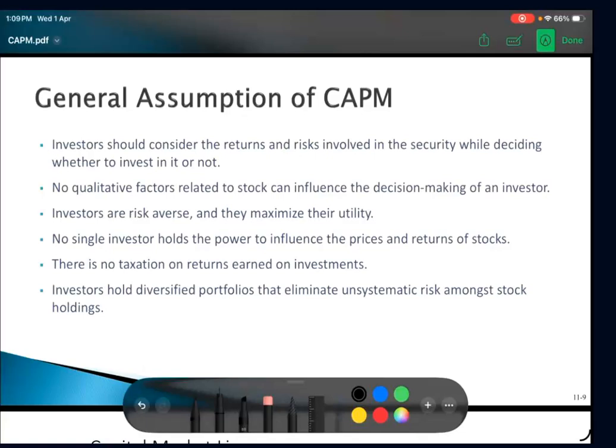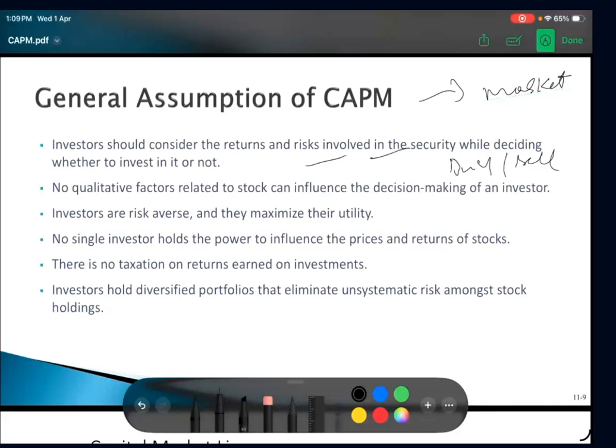There are certain important disclaimers you need to understand before considering this as one of your tools. One assumption is that the capital asset pricing model only looks at market risk, and investors also need to look at firm specific risk in order to make a decision to buy or sell.